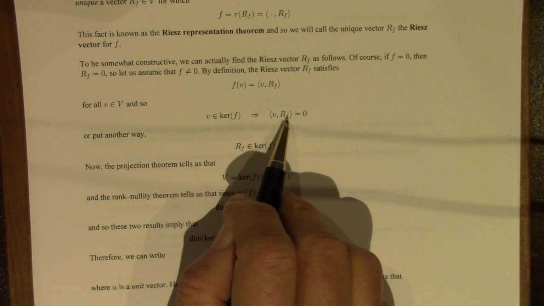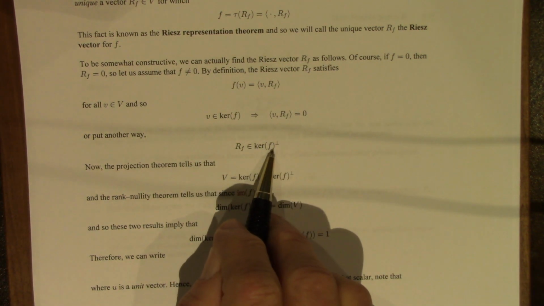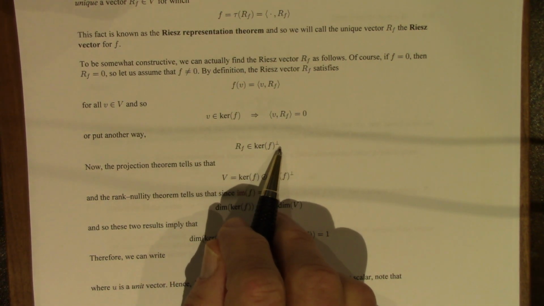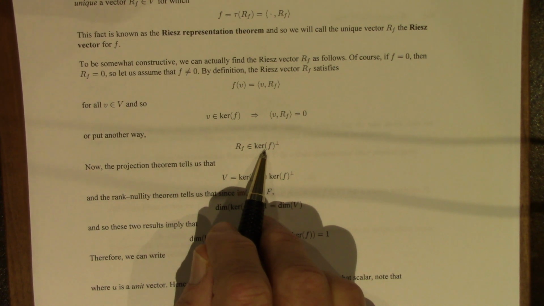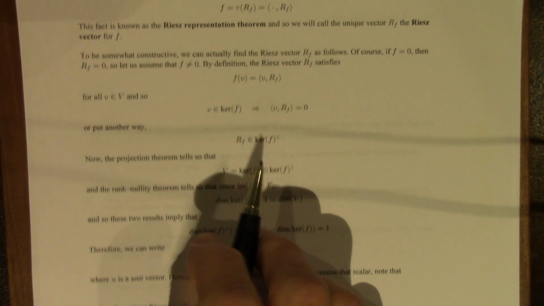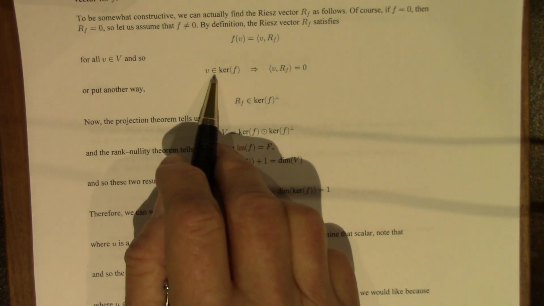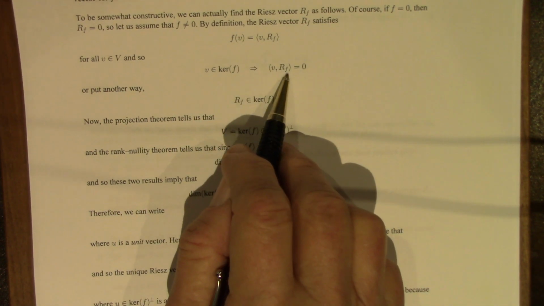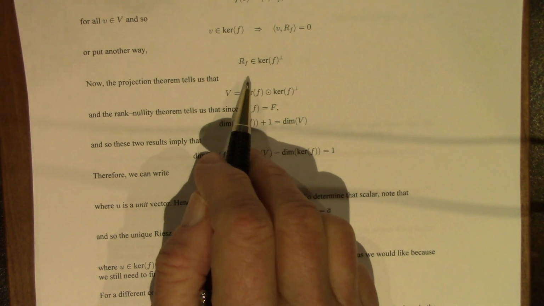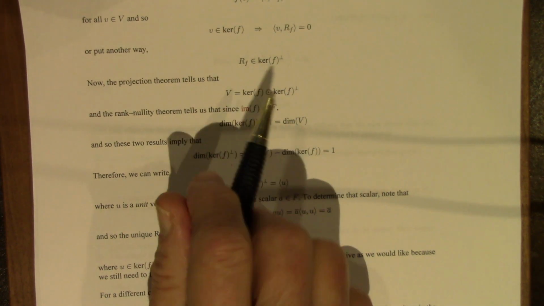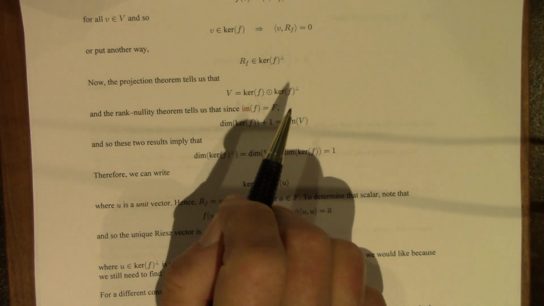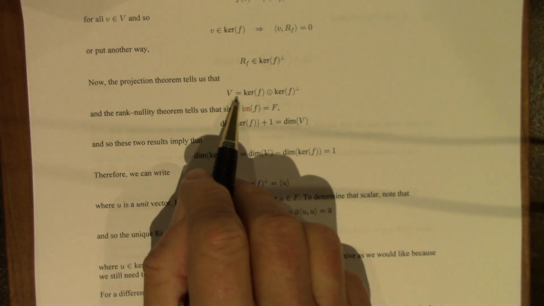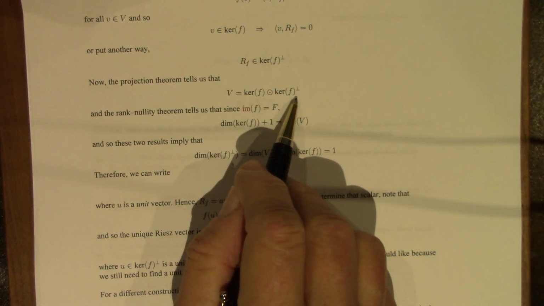So the Riesz vector belongs to the orthogonal complement of the kernel. Anything in the kernel is orthogonal to the Riesz vector. The projection theorem, because we're dealing with finite dimensional inner product spaces, allows us to decompose V this way.